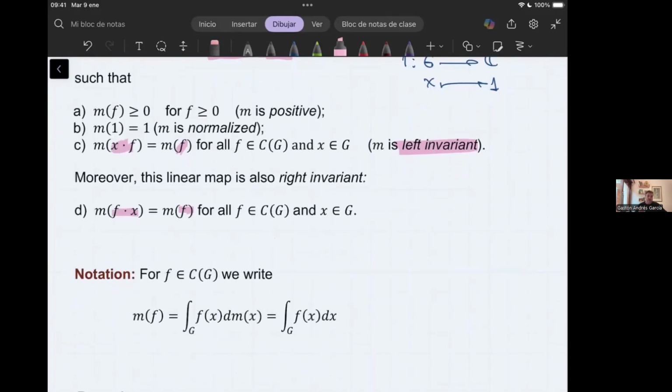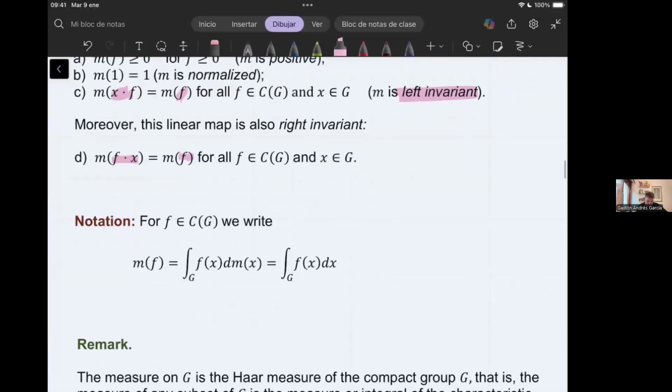So there exists this measure for different groups. It has different forms, okay? We're going to see 2 examples of who is the Haar measure on these groups. Since this is a measure, we write something like an integral.